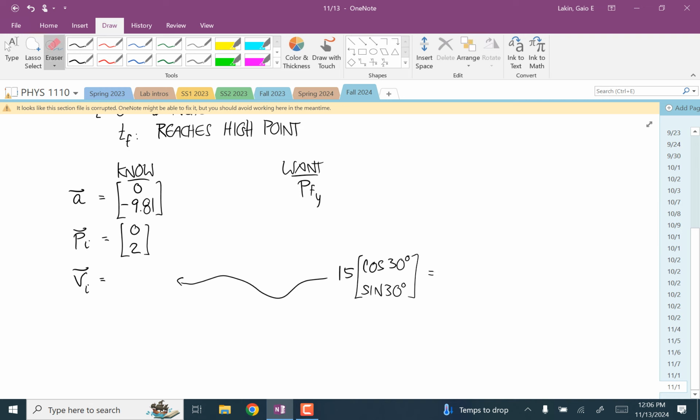And so that is 12.99 for the x component and 7.5 for the y component. And then any question that asks you about the highest point of an object's flight, at that point you know that the y component of velocity is equal to 0. So our vfy is equal to 0.